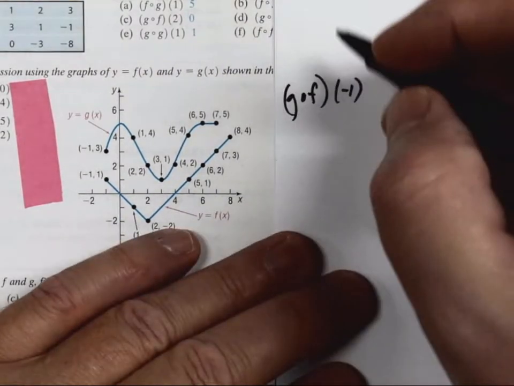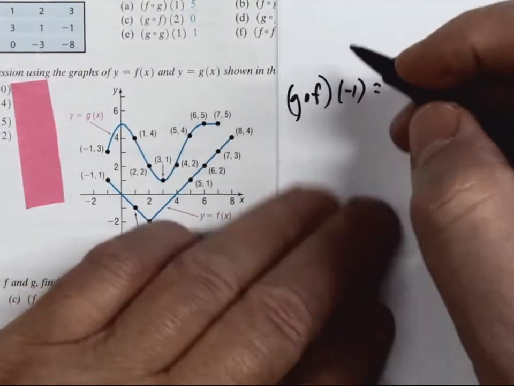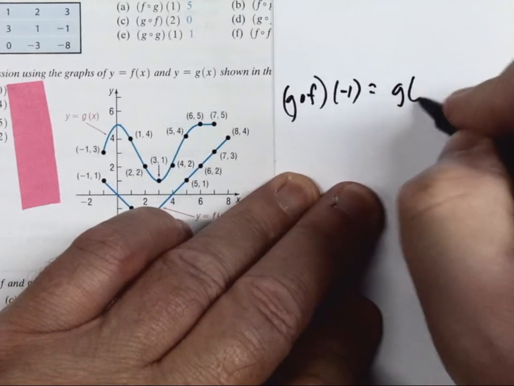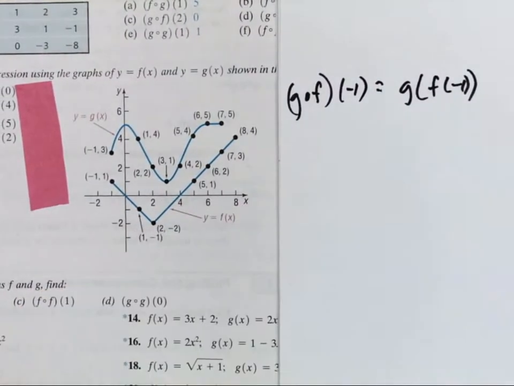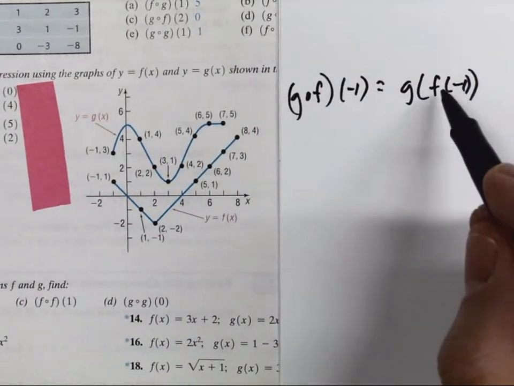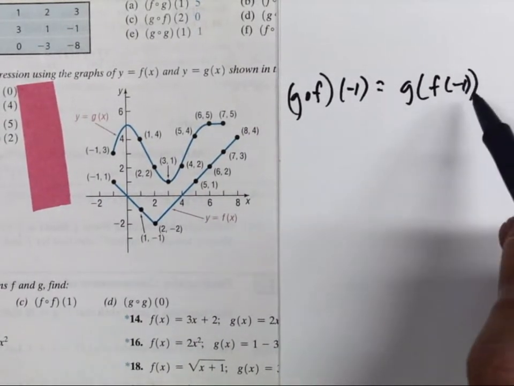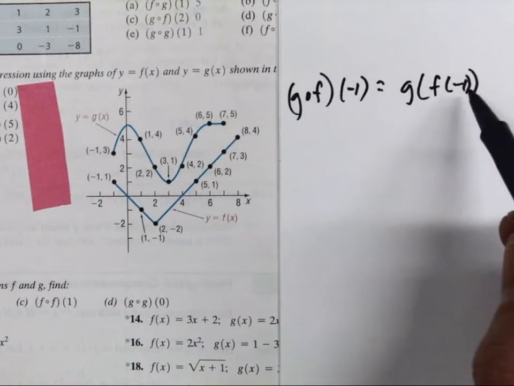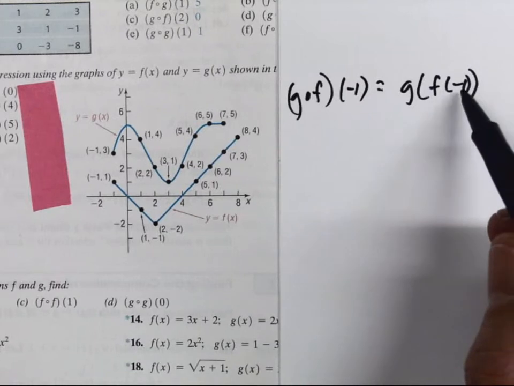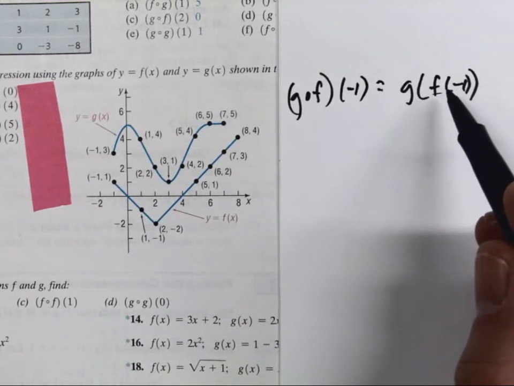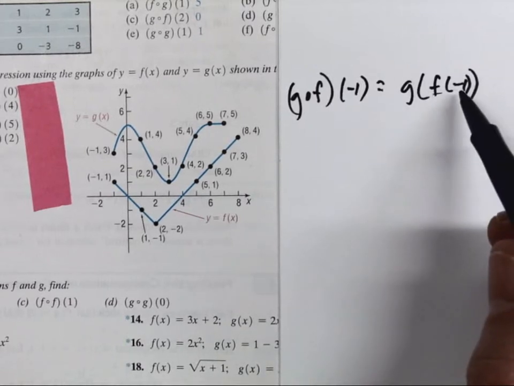The first thing I would do is always rewrite the composite as g of f of negative 1. Now you start from the inside out. F of negative 1, I want to know what that equals. That means go on my graph, go on the x-axis where x is negative 1, then go to the graph of the f function and find the value of the function.